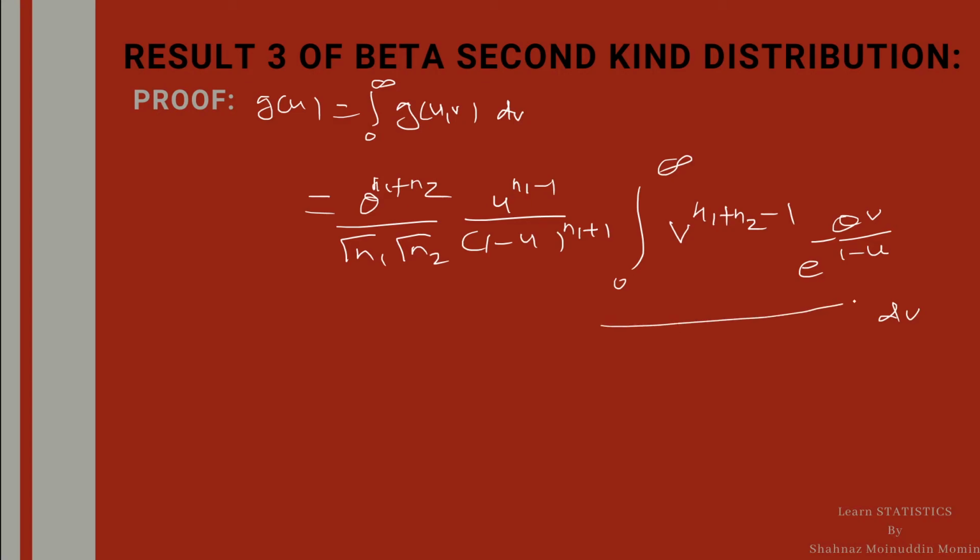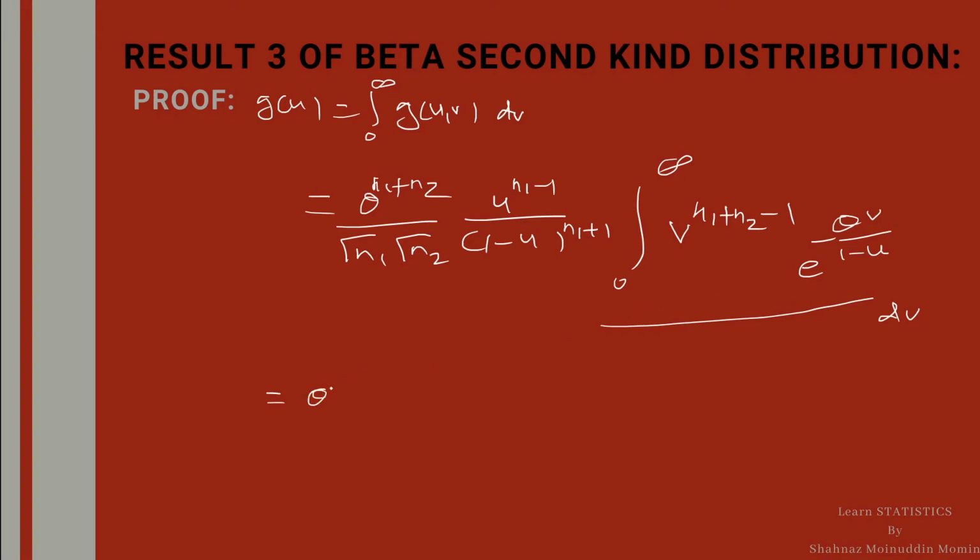By observing this integration, we observe that the integration is a gamma integral. In the previous lectures, we have already discussed gamma integral and its value. So we will use the result of gamma integral.